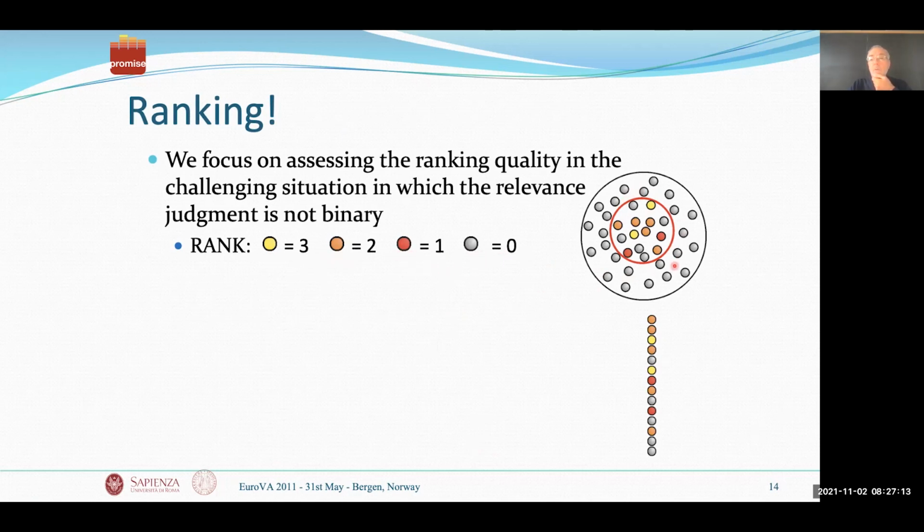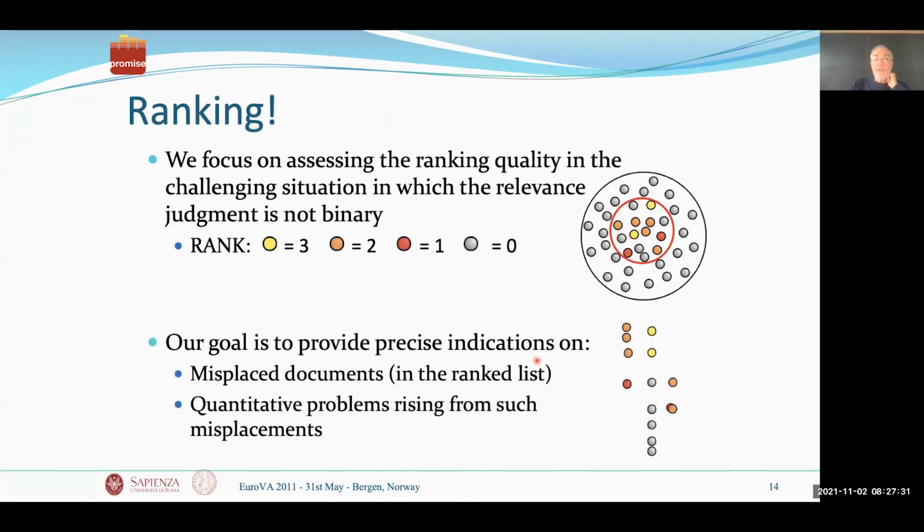Not only do you want to retrieve the relevant ones, having 3, 2, or 1, but you want to sort them in the right order. You can see that this is wrong because the yellow ones are not on top. You want to sort them in this way, having the yellow on top, after that the orange, after that the red, and in the last positions, the gray ones.